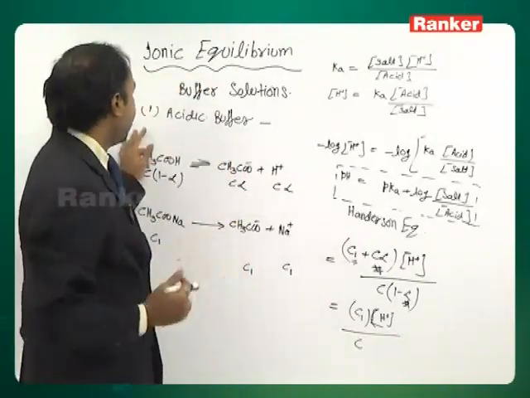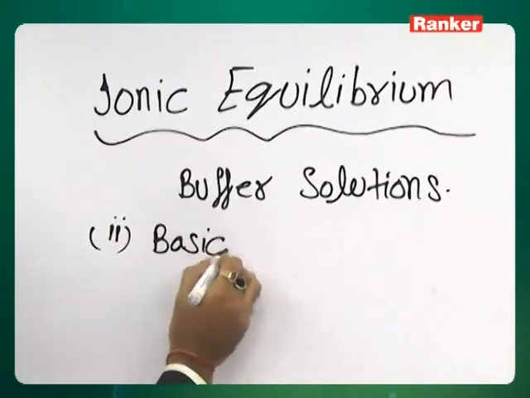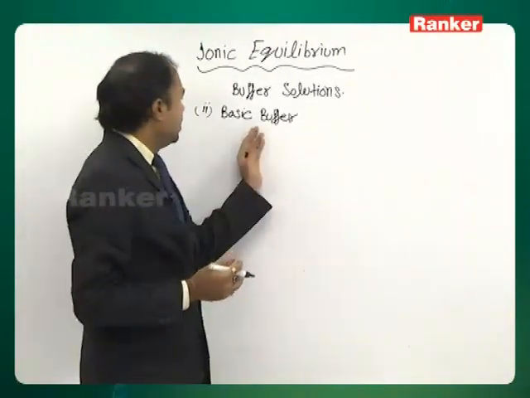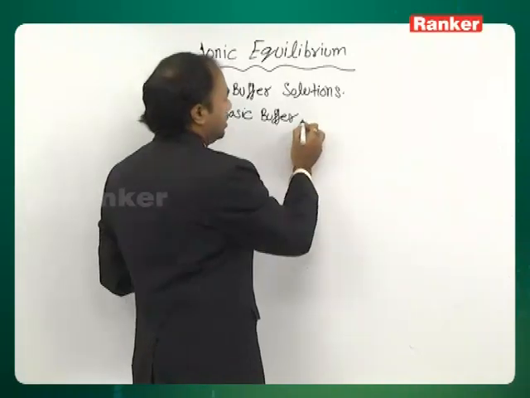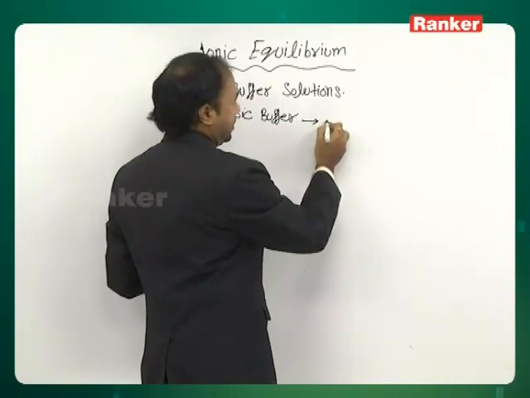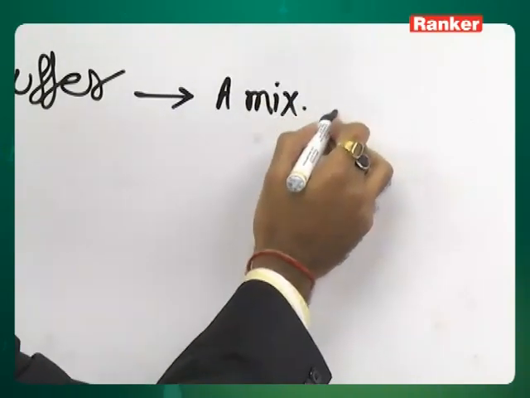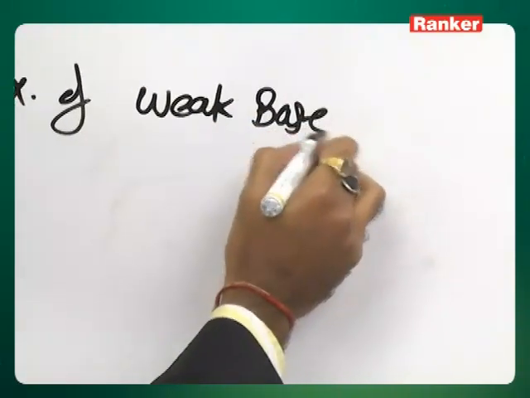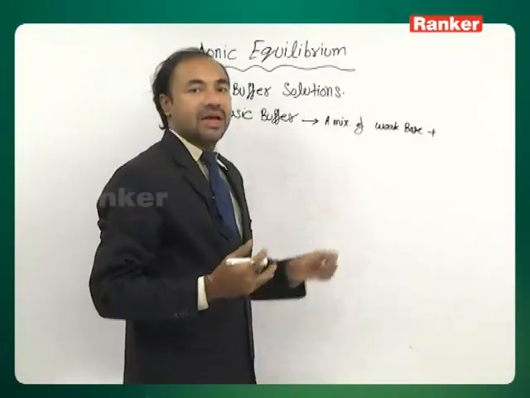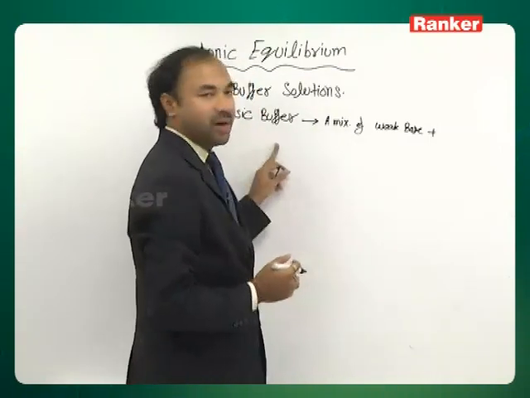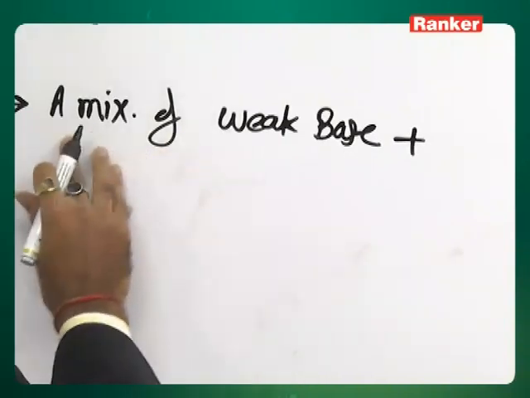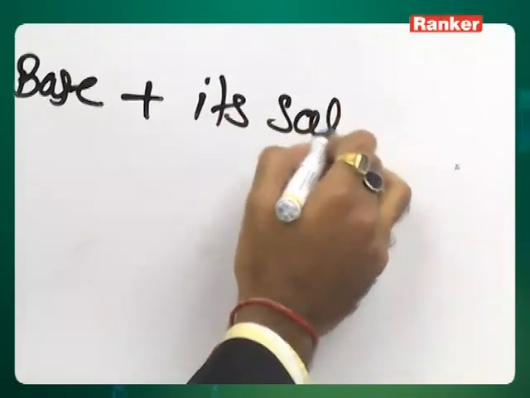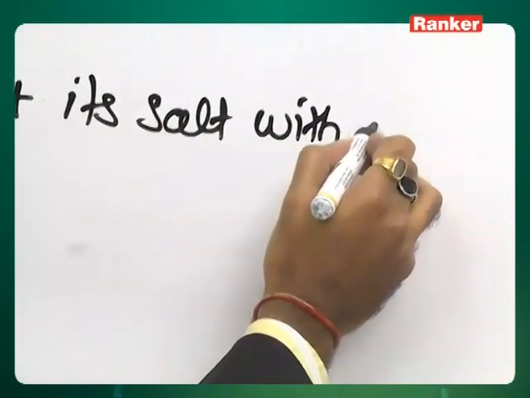Now, we come to the second part, which is the basic buffer. A basic buffer is a solution of a mixture of a weak base along with its salt with a strong acid.